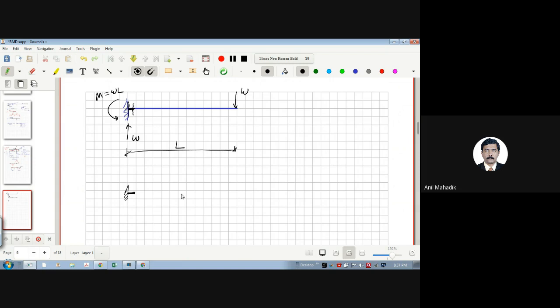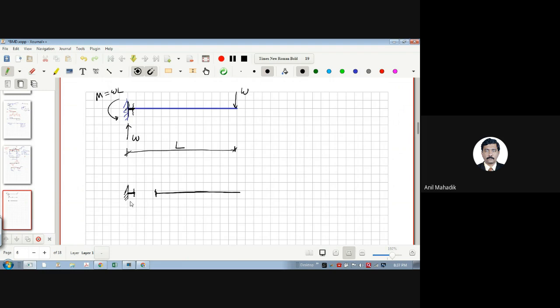This is one part, and let me draw the second part over here. This is my cut portion. If I glue it together, it will form the same complete beam again. Now I'm cutting here, so these sections are the same.